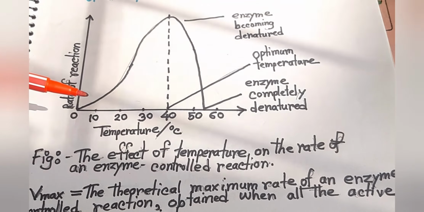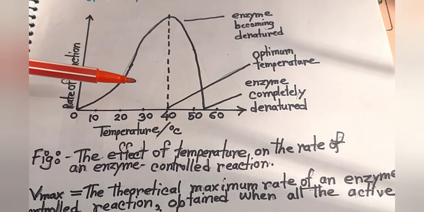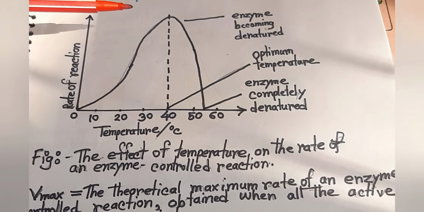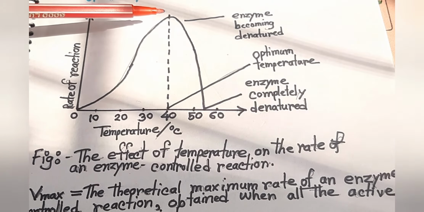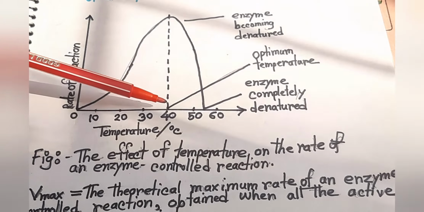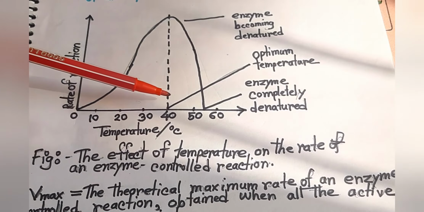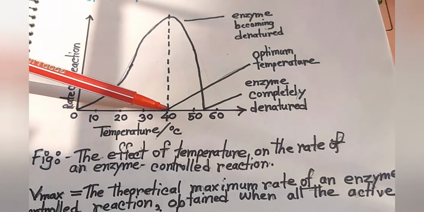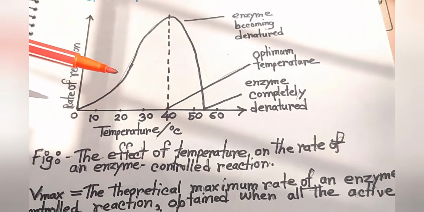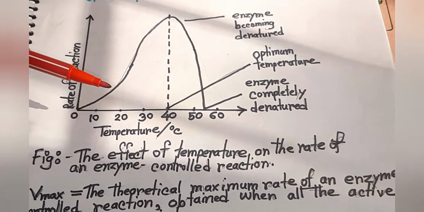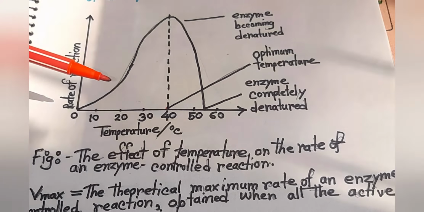This is another diagram showing the effect of temperature on the rate of an enzyme-controlled reaction. Here the enzyme is becoming denatured, and this is the optimum temperature, which is 40 degrees Celsius. The optimum temperature is the temperature at which an enzyme catalyzes a reaction at the maximum rate.